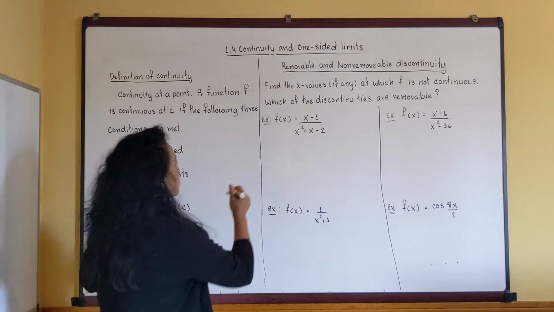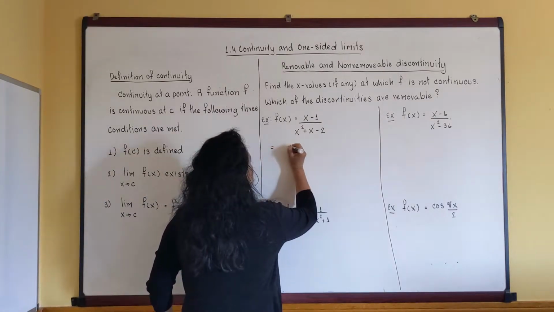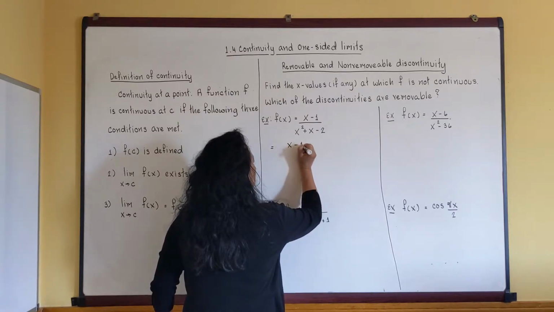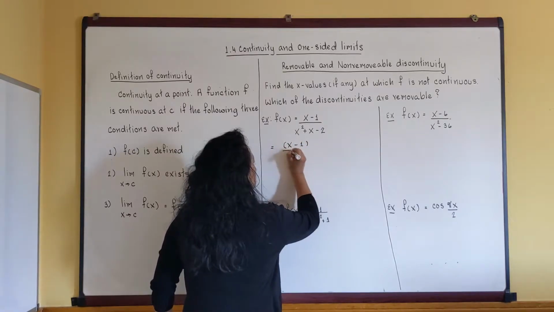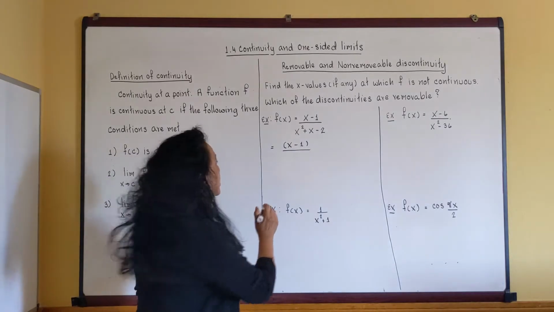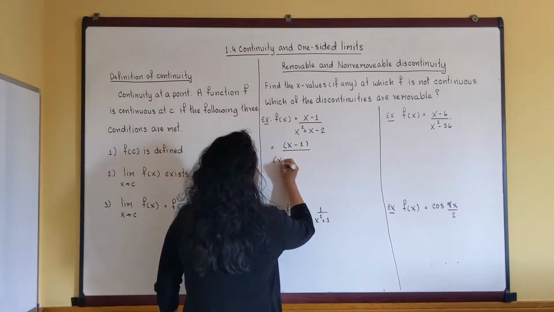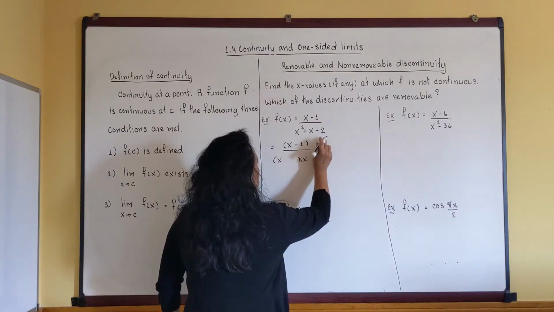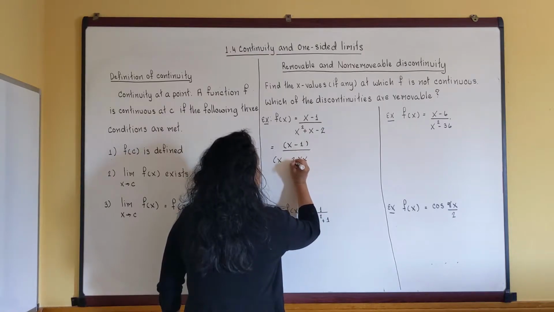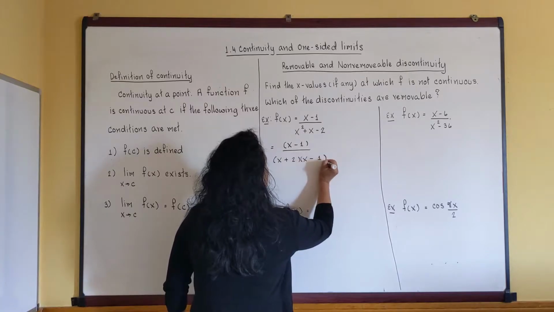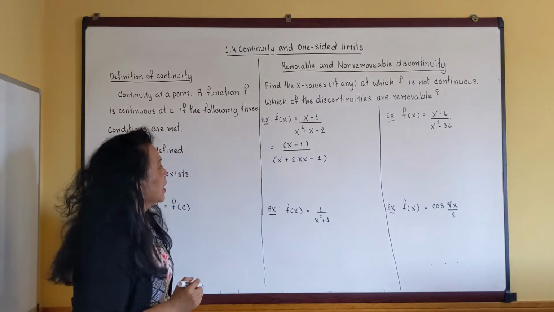So I'm going to factor the denominator. So I have x minus 1. The denominator is a trinomial, so I'm going to factor it into binomials. So I have 2 here, I'm going to put 2 here and 1 here, x plus 2, x minus 1. That should work.